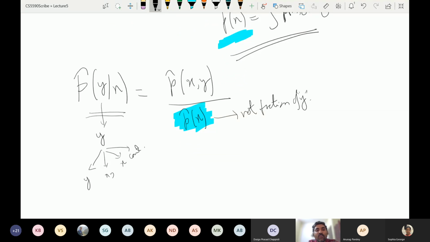Out of all these four kinds of terms, only these two are important for this likelihood function, because only these two involve y. These two will be like the normalization constant. Agreed? Everybody gets this point?